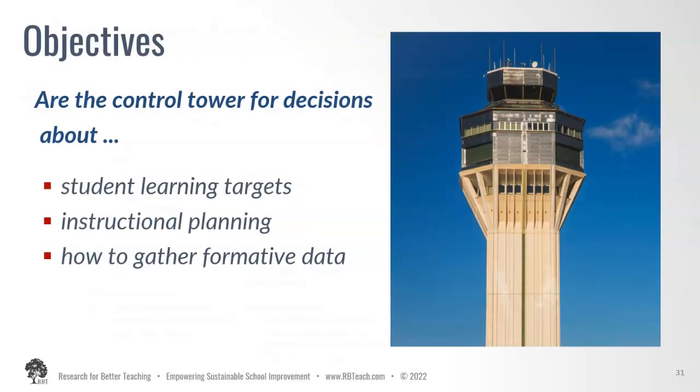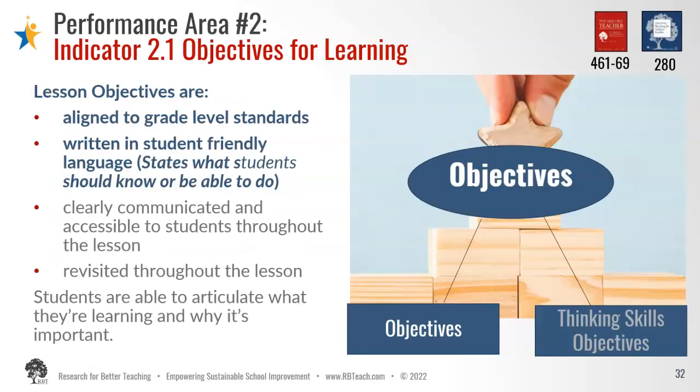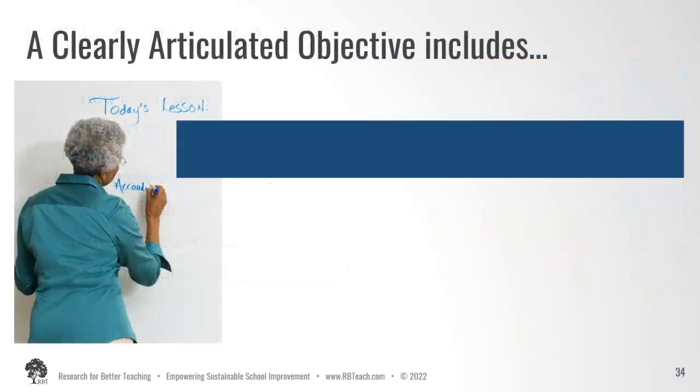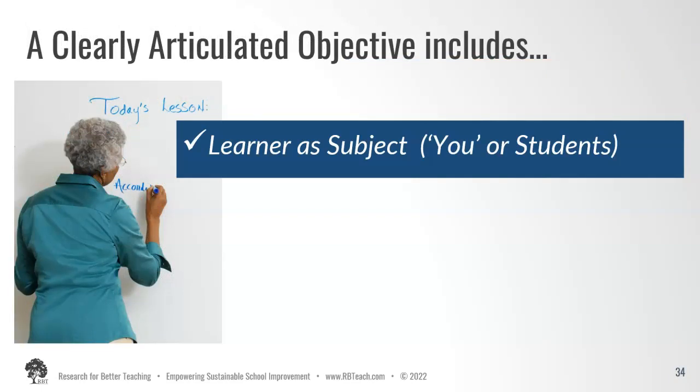So objectives are the control towers for decisions about student learning targets, instructional planning, and how to gather formative data. So we think about those criteria as I just read through on the framework. And there are three parts of an objective. When we say a clearly articulated objective includes a learner or subject, the students will be able to, or you will be able to.